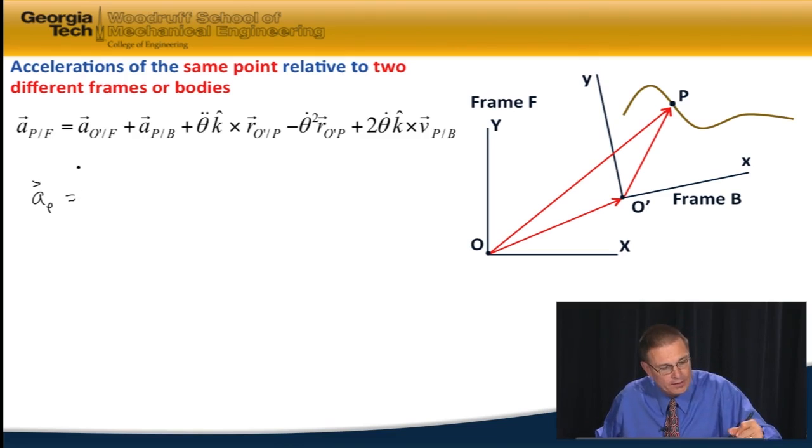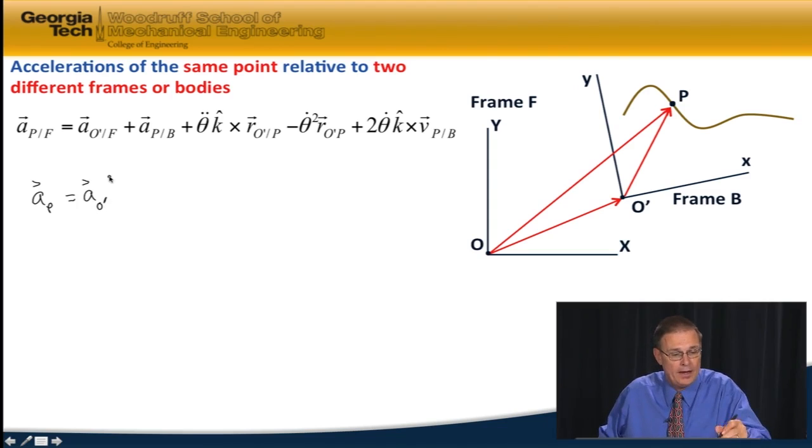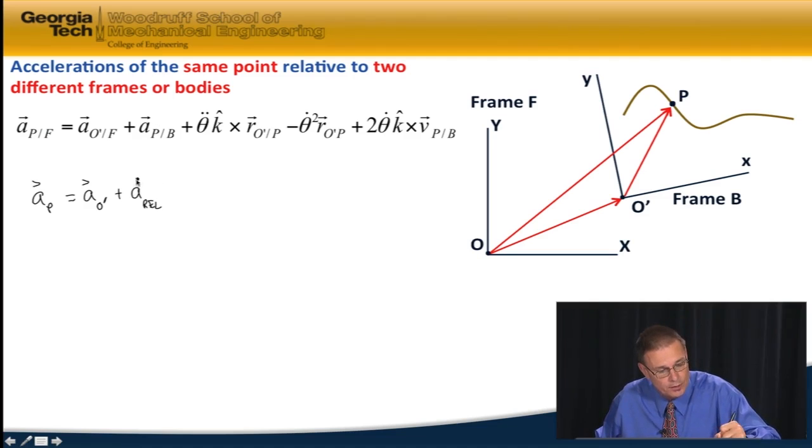Then I'm going to say this is the acceleration of O prime with respect to F, or the absolute acceleration of O prime, the origin of the moving frame. And then this is the acceleration of P with respect to the moving frame, or what we call A rel. So this is plus A relative acceleration to the moving frame.